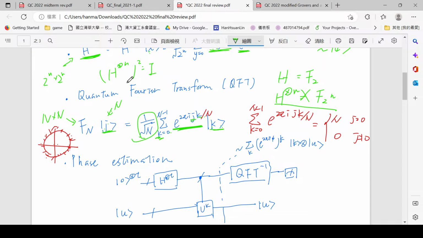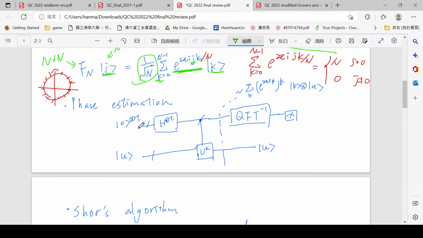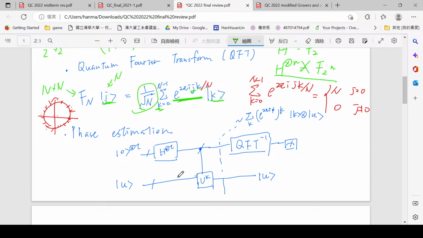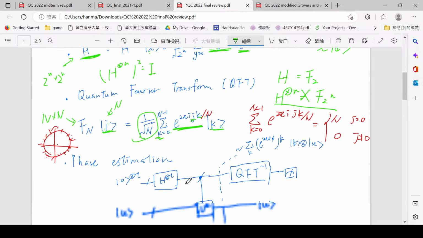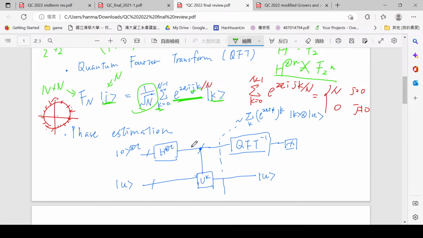Okay. And the application of the quantum Fourier transform is phase estimation. Since we are doing a quick review, let's not go into detail of how phase estimation works. But here is the circuit of phase estimation. You start with 0 to the t, and you apply Hadamard to the t, and then you create an equal superposition of every possible computational basis state.